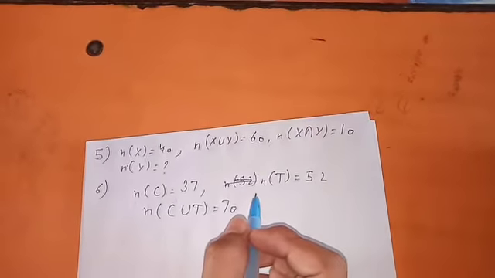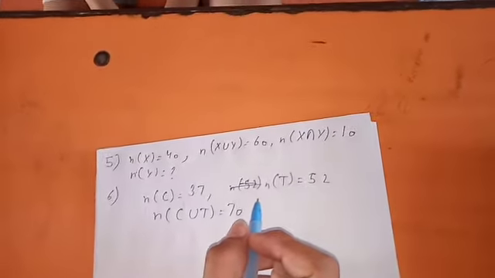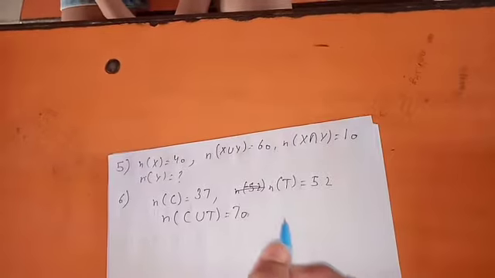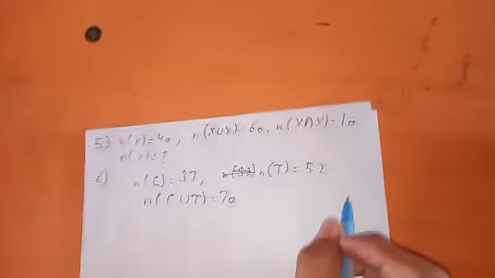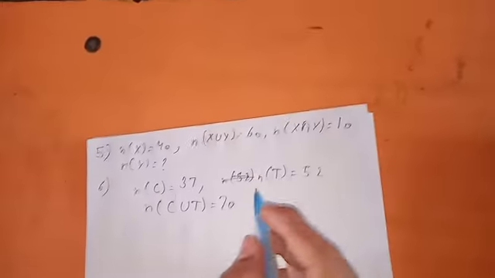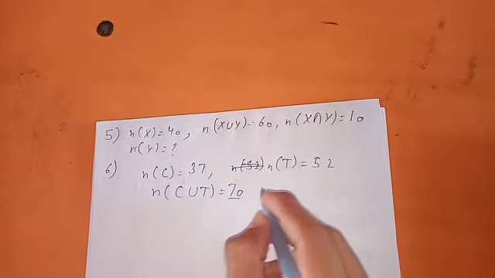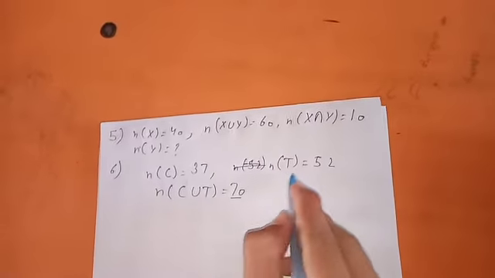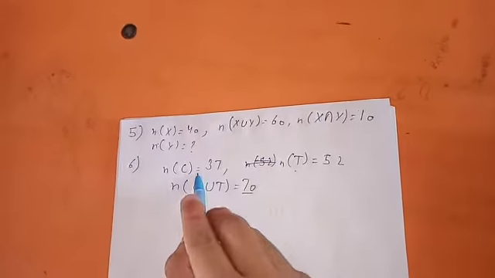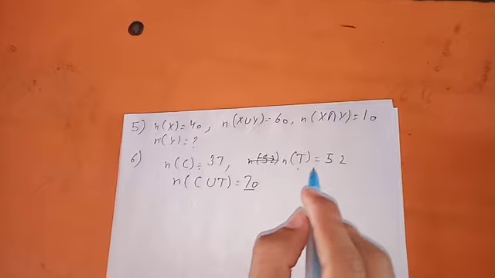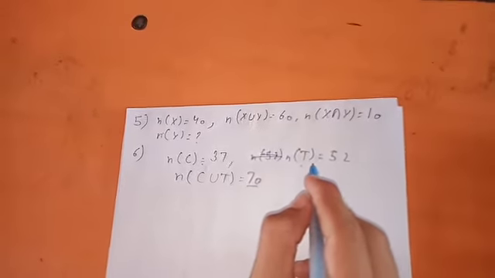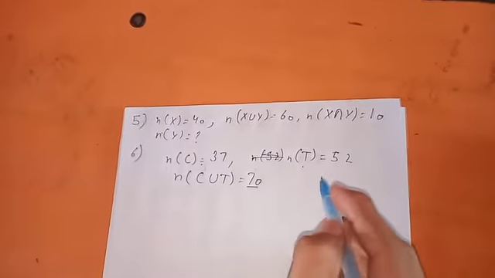The line that each person likes at least one of the two drinks means that all 70 people of this group either like tea, or like coffee, or like both, meaning there is no person in this group who does not like any of them.